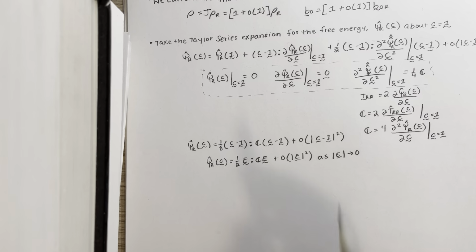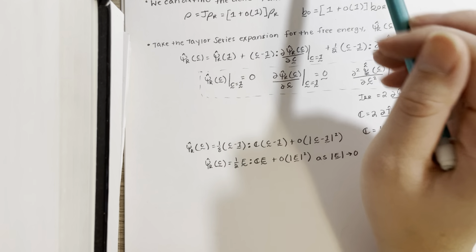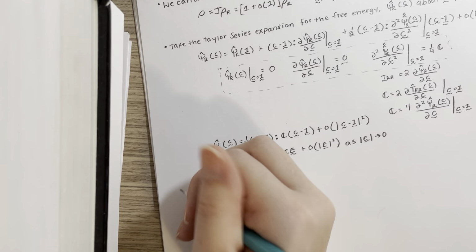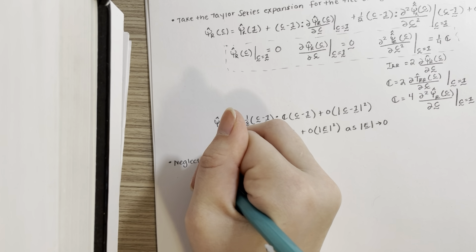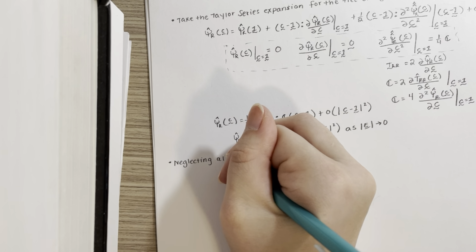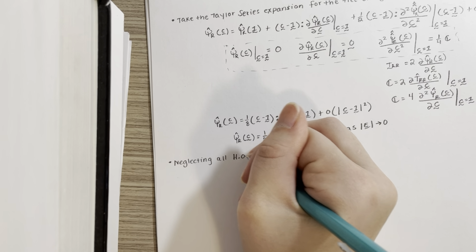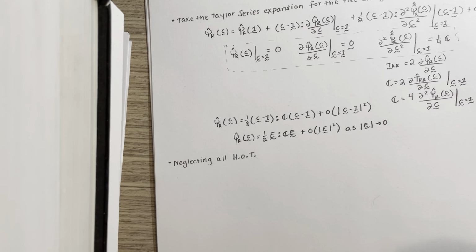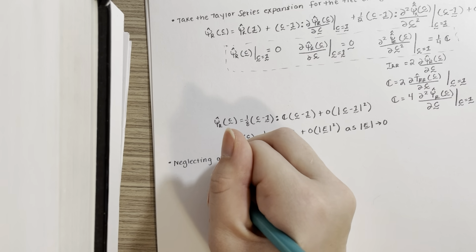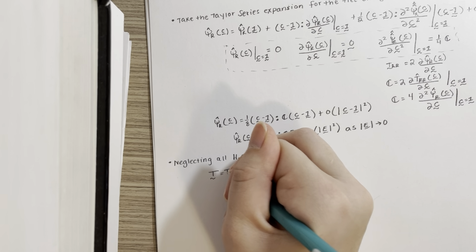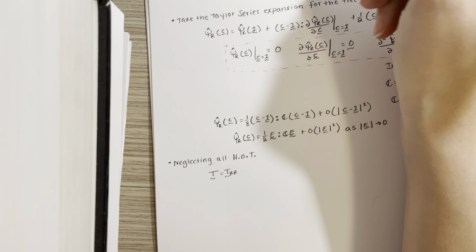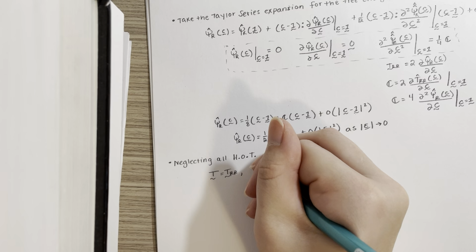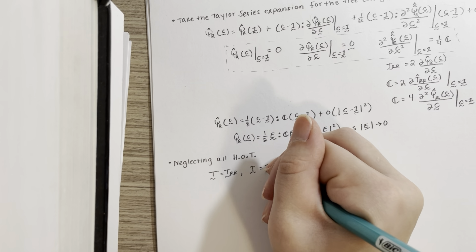So above, where we have T is equal to TRR plus some higher order terms, I'm going to write HOT for higher order terms to save some time. Neglecting all of our higher order terms, we therefore get that T is equal to TRR. And then above we showed that T is equal to TR plus some higher order terms. So therefore T is equal to TR.